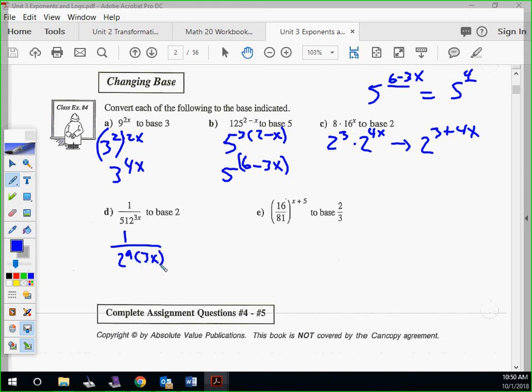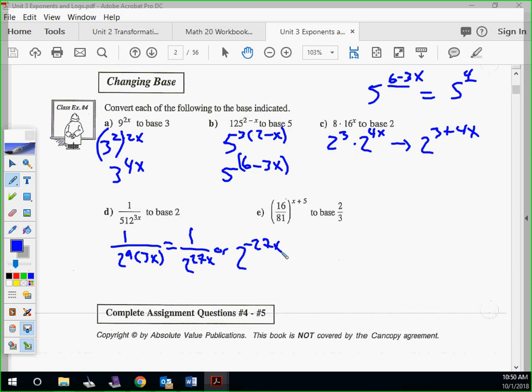With a 3x there. It didn't say to write it as a positive or negative, Aiden, so you can leave it down there or write it as a negative. I would be fine. But yes, it's going to be 1 over 2 to the 27x or 2 to the negative 27x. You can write it either way. So I got 27 from 9 times 3. If you're like, how'd you get 27? We multiplied the 9 and the 3 there. We got the 9 from Aiden. Aiden said 2 to the 9th is 512.